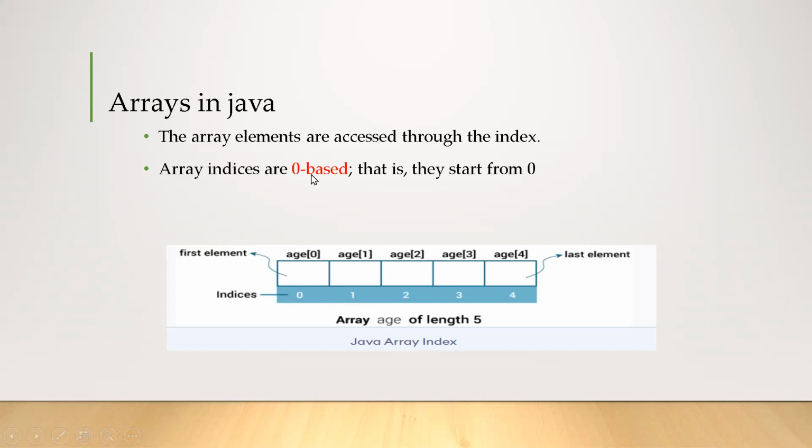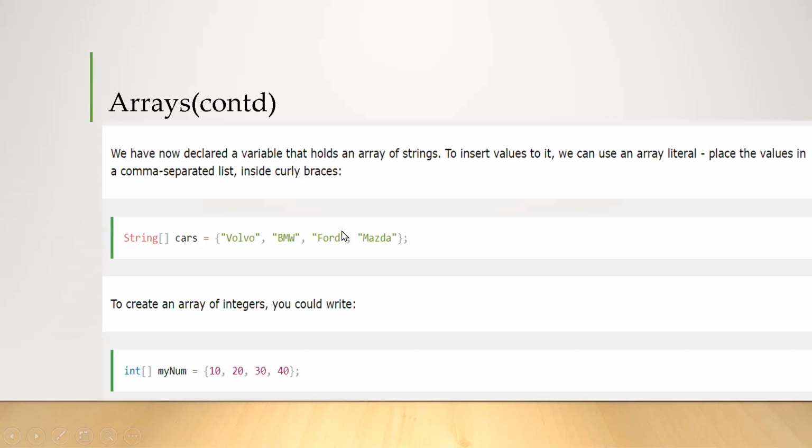Say for example, I want to have a list of car brands. Then String, put the square brackets, cars, and put all the values in double quotes within the curly brackets.